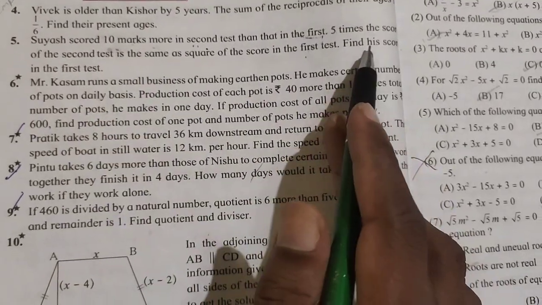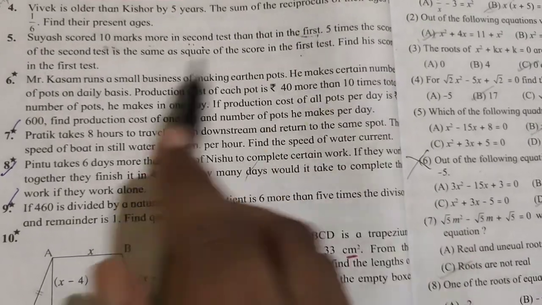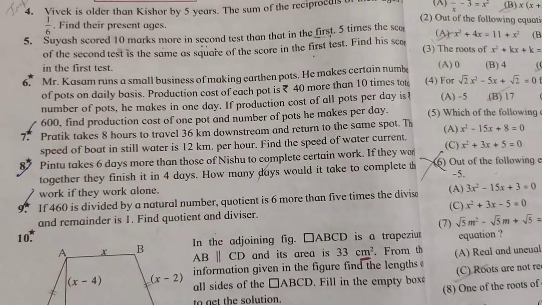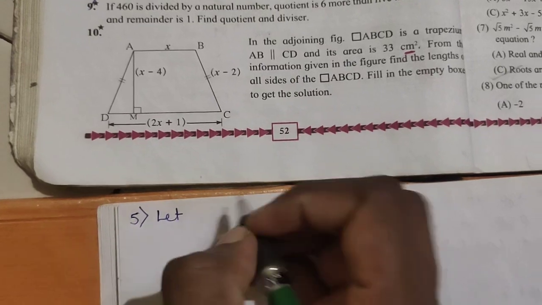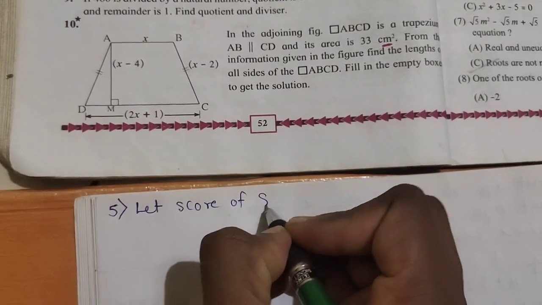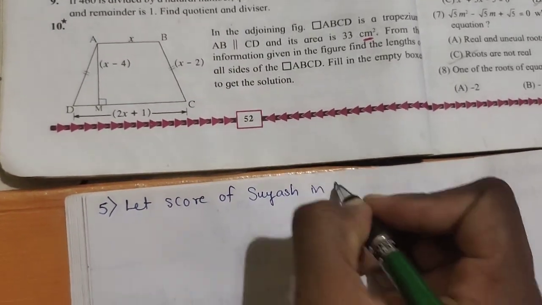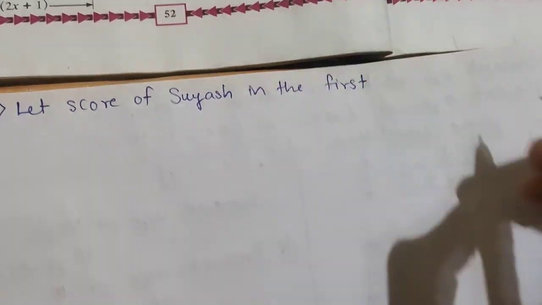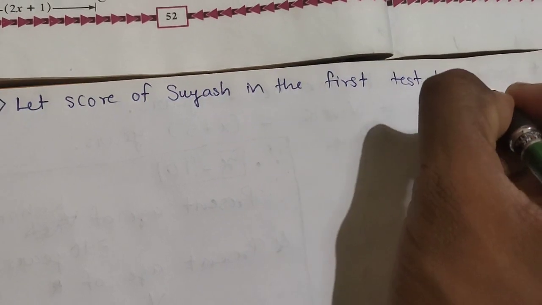So first let us consider that the score of Suyas in the first test be x. So let us see the solution. Let the score of Suyas in the first test be x.